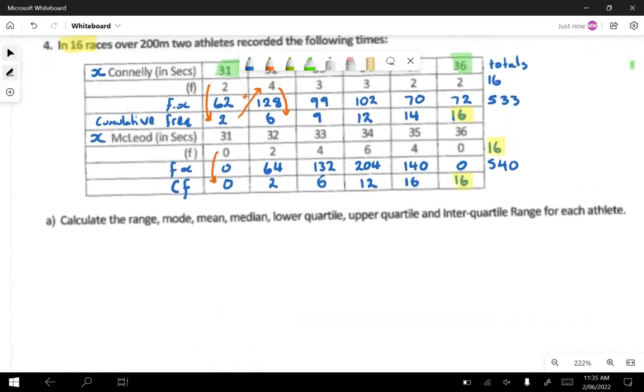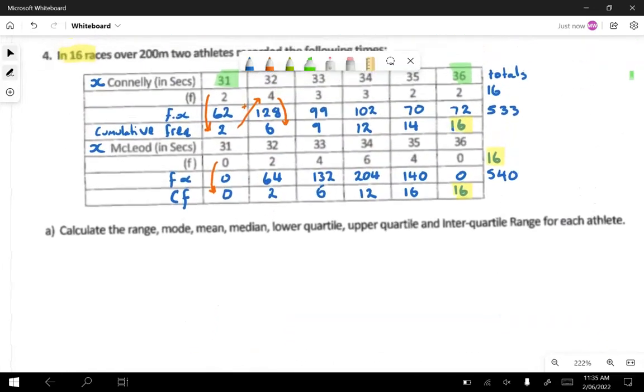Let's go back and find McLeod. You need to be very careful in the question. They may try to trick you. They're trying to trick you here. They want you to do the same thing, 36 minus 31. But look, Mr. McLeod did not score a run at either of those times. So his slowest run, his highest number, was 35, and his lowest was 32.